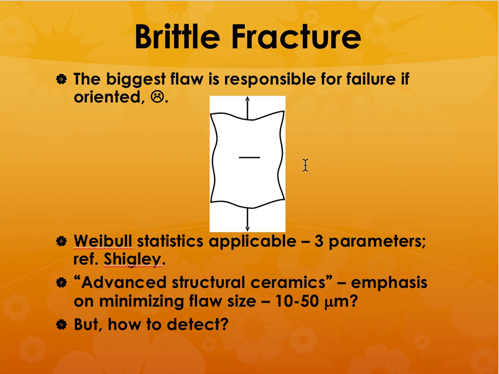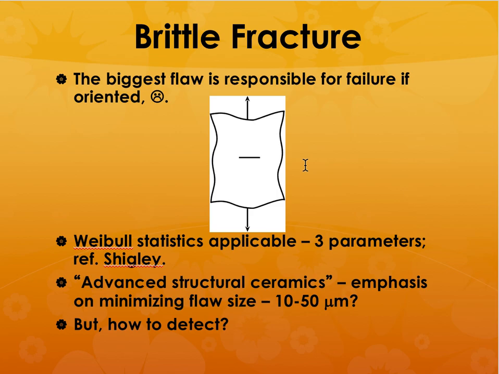If you take the case of a structural ceramic material, like silicon carbide or titanium carbide or tungsten carbide, or even martensite for that matter. Okay, so if it has got flaws, they will fail according to a principle called Weibull statistics. Weibull statistics is a statistical way of representing the flaw population that is present in a material.